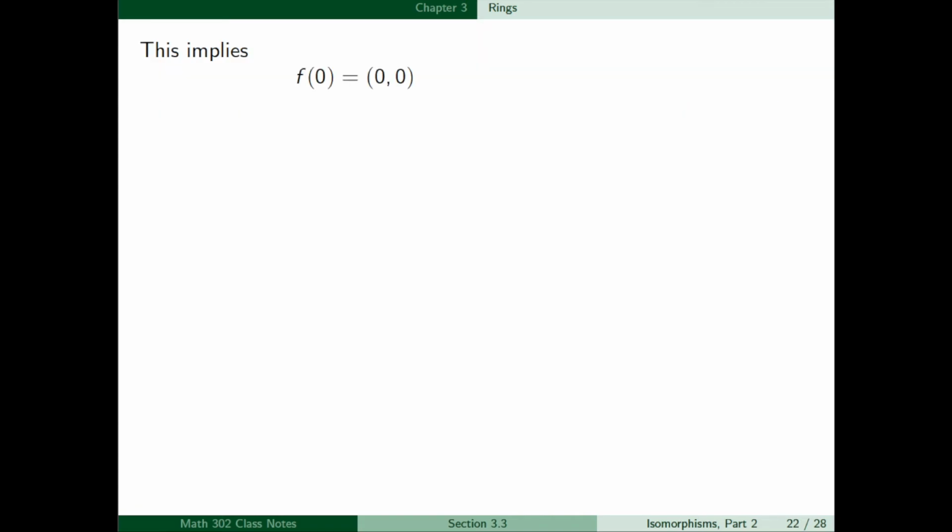And this implies that f of 0 will be equal to (0, 0), and f of 1 will be equal to (1, 1). So the additive identity of Z12 is just 0, and the additive identity of Z3 cross Z4 will be (0, 0). The multiplicative identity of Z12 is 1, and the multiplicative identity of Z3 cross Z4 will be (1, 1).